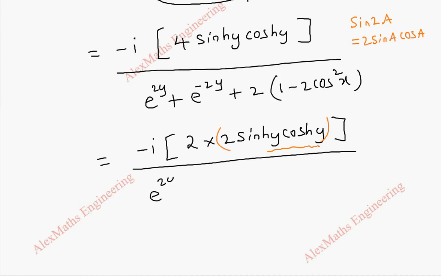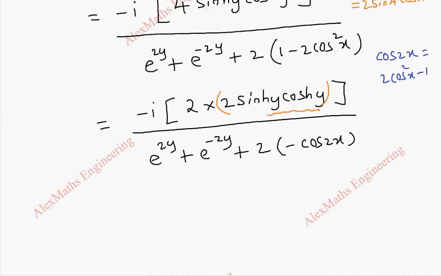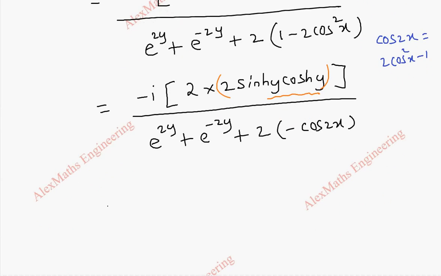And the denominator we shall write these things as it is, plus 2 into, we have another formula, cos 2x, which is 2 cos square x minus 1. But we have just the opposite, so this will become minus cos 2x. Because cos 2x is 2 cos square x minus 1, so minus cos 2x is 1 minus 2 cos square x. Now finally, the numerator becomes minus i into 2.